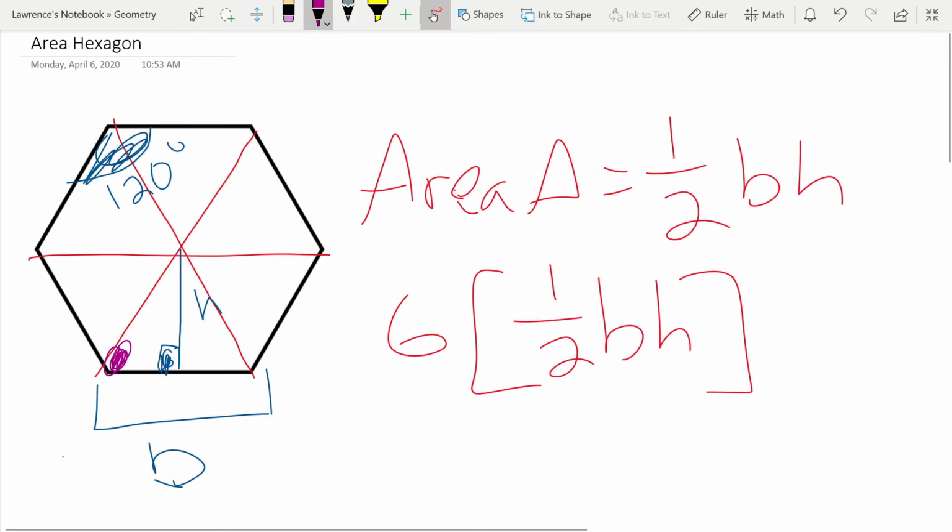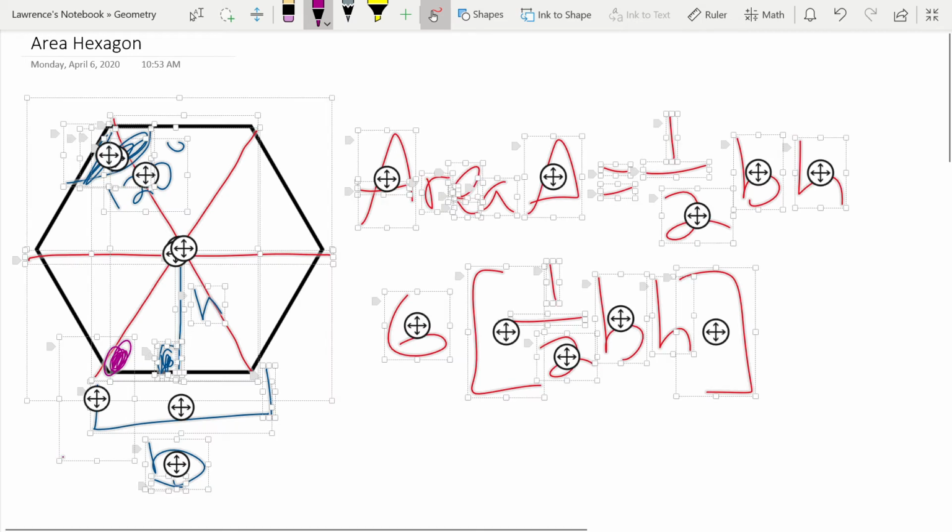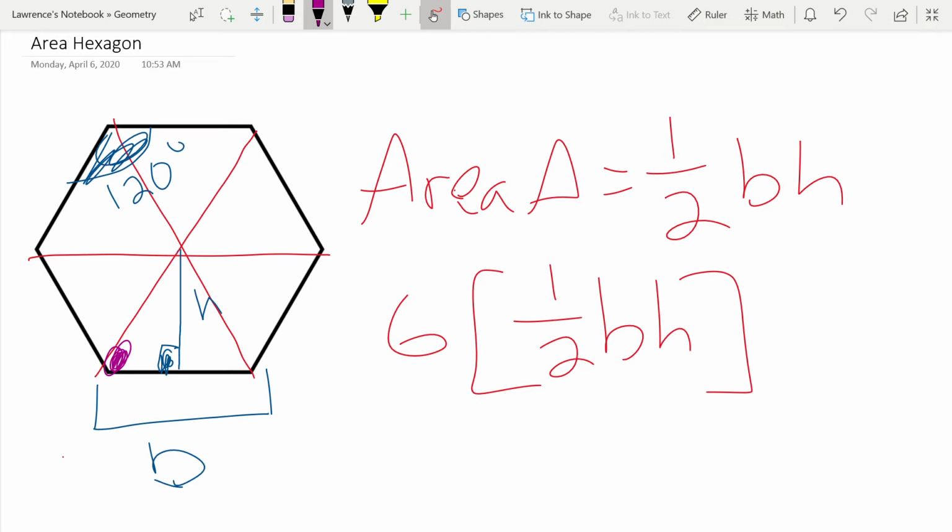So this angle right here is going to be 60. Okay? There we go. So each angle is going to be 60 degrees, so we are going to use that as well. So basically, folks, we're going to find the base, we're going to find the height, and then do 6, because there's 6 triangles, 1/2 base times height.